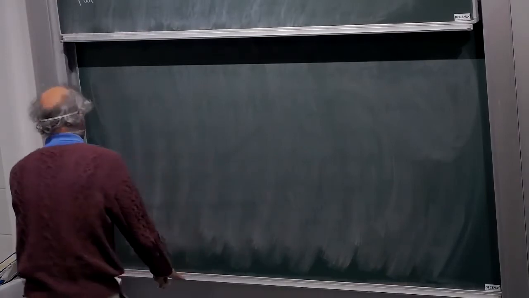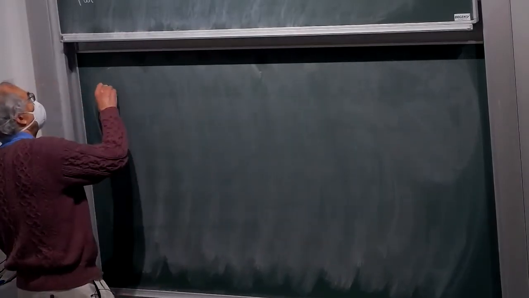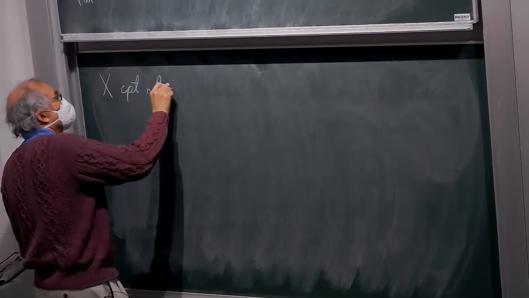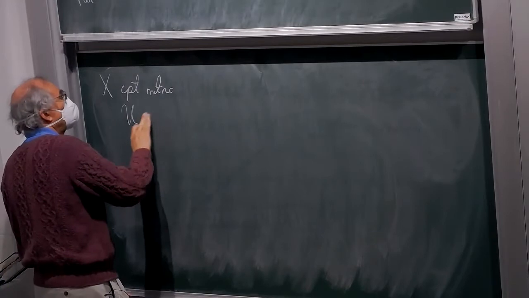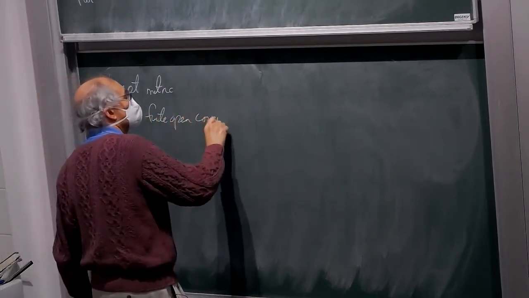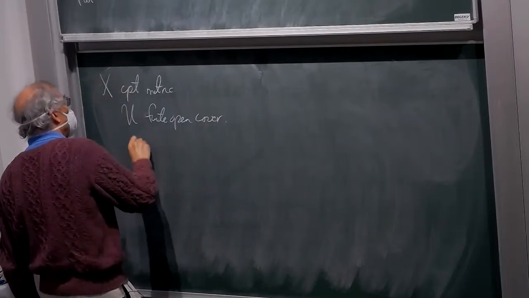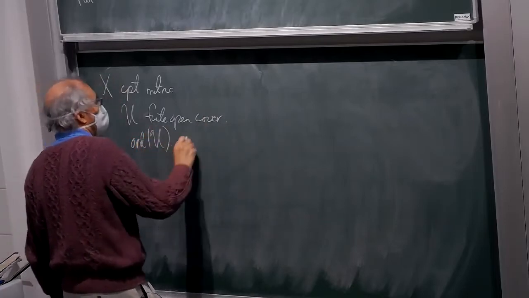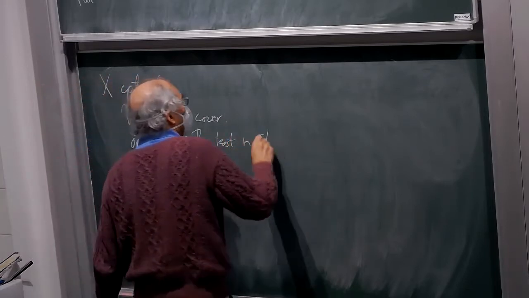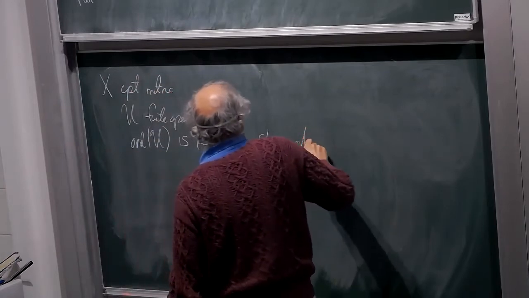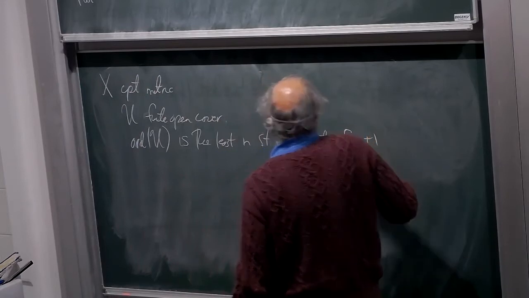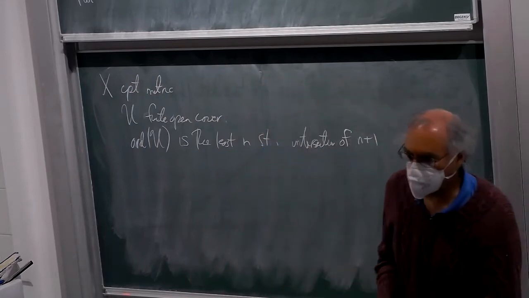Okay, so just some reminders of dimension. So X is now a compact metric space. U will be an open cover, a finite open cover. Its order is the least n such that the intersection of n plus 1 distinct sets is empty.